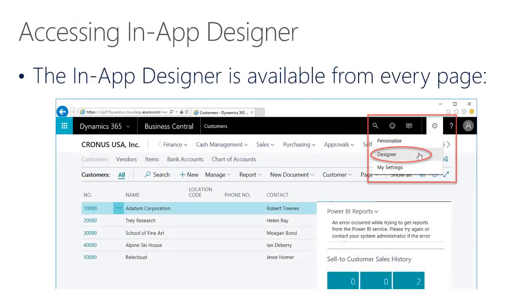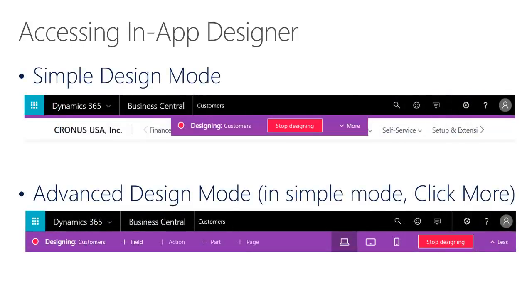To access the in-app designer, it's available from every page. So at the top, you hit the gear button. If you have the permissions, you click on designer, and that opens the simple design mode, which is the top one, where you just see designing the customer list. So for instance, the screenshot is of the customer list, and I clicked on designer, and that opened the simple design mode.